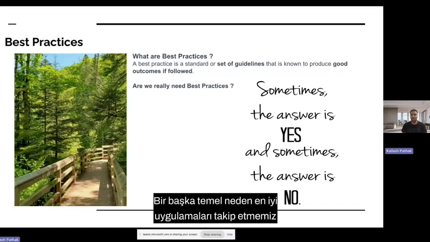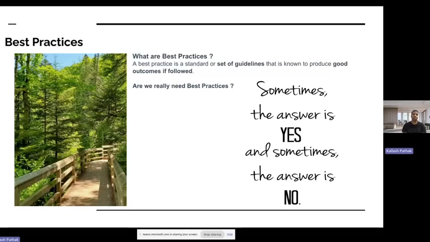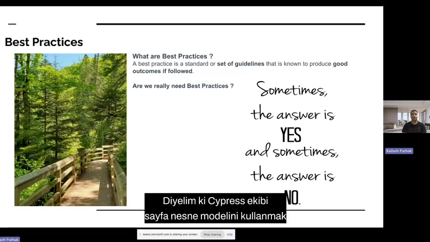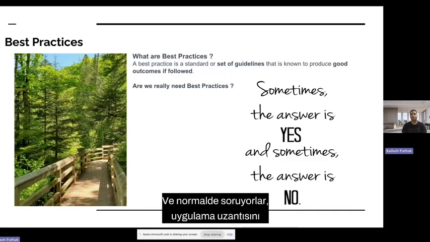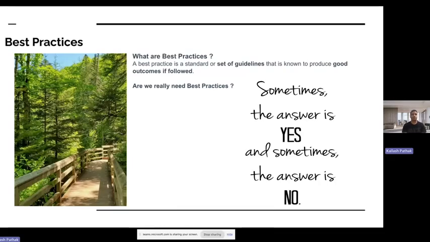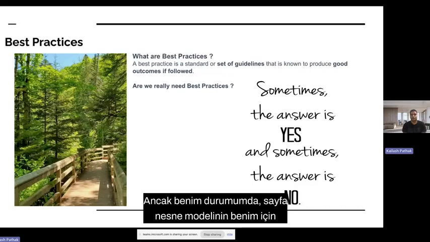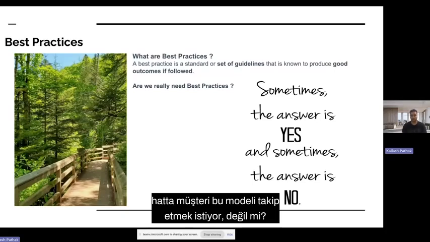Now, why we may not need to follow best practices. Let me give an example. Suppose the Cypress team says we should not use the page object model, and they recommend using app actions instead. But in my case, suppose the page object model is good for me and I am able to do the automation, or even the client wants to follow that design pattern, the page object model.